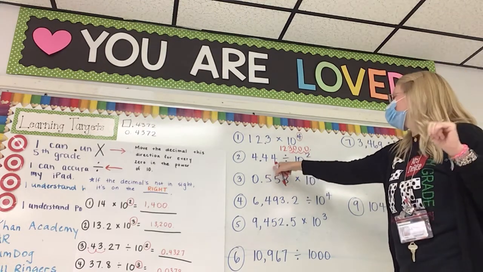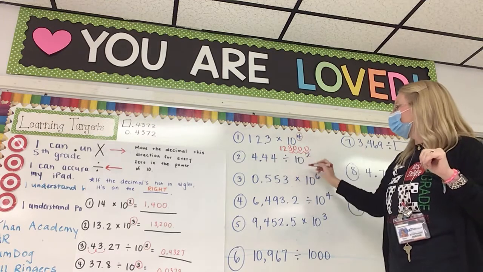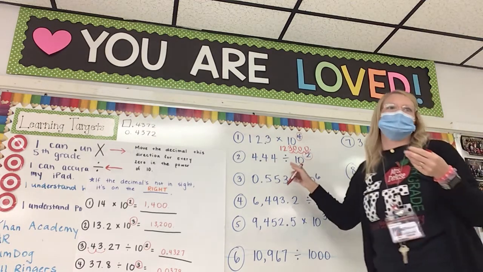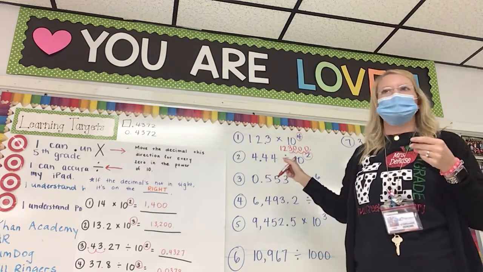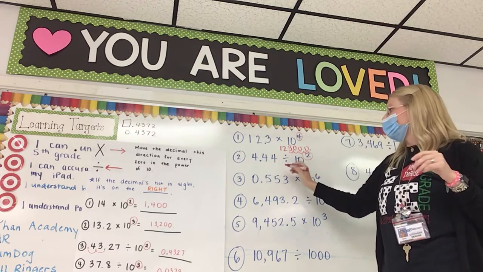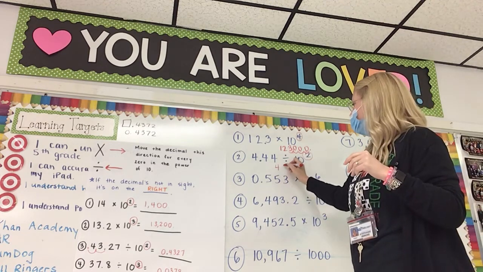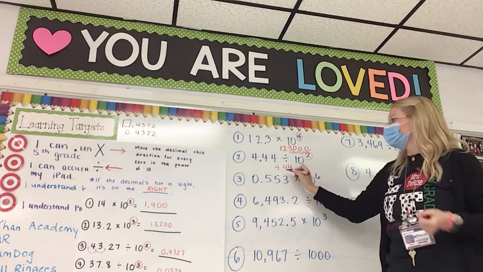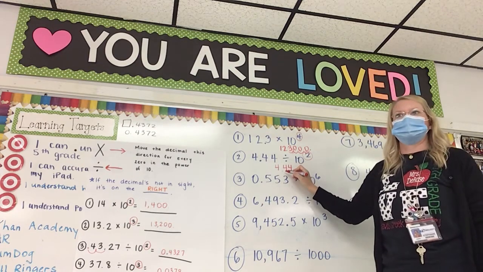All right, my next one, 4 and 44 hundredths. Good job, y'all remembered yesterday's lesson. Divided by 10 to the 2nd power. So first of all, which direction is my decimal moving? To the left or to the right? Everybody tell me, which direction? Left. To the left. So I'm going to rewrite my number. There's my decimal, and I'm going to move it to the left. How many times?